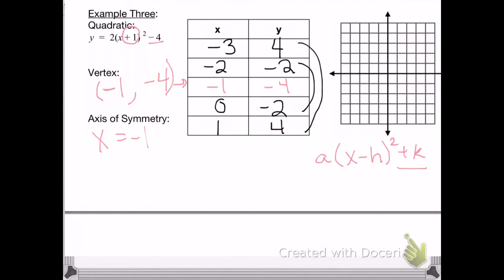All right, so the first thing we'll do is graph our axis of symmetry. So that's at -1. So that's right here. There's our axis of symmetry. Next thing we'll do is our vertex. So our vertex point is at -1, -4. So that is right here. Next thing we'll do is -3, -4.